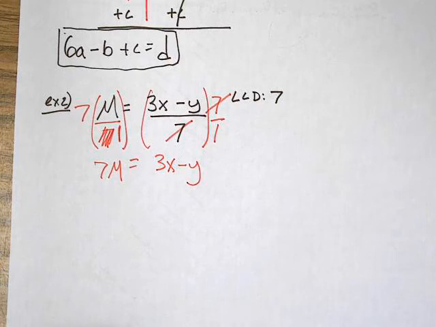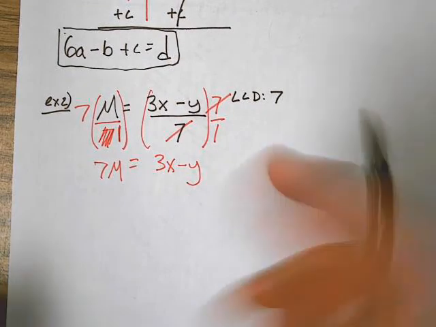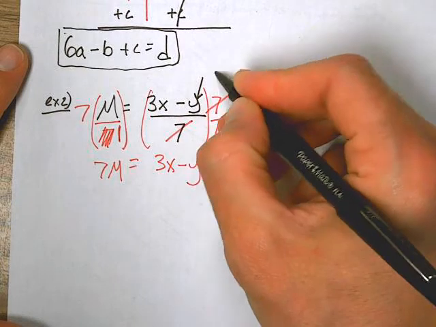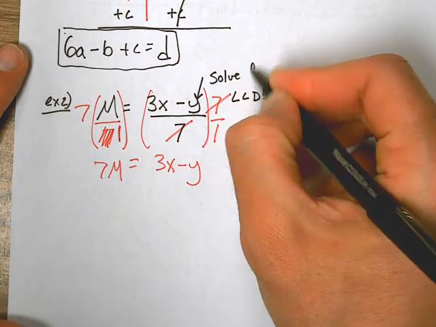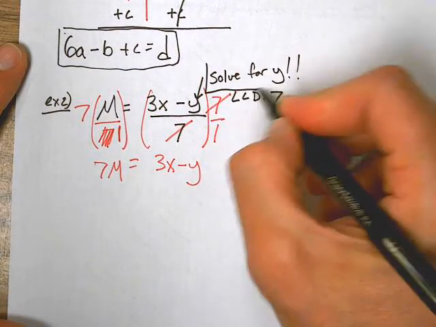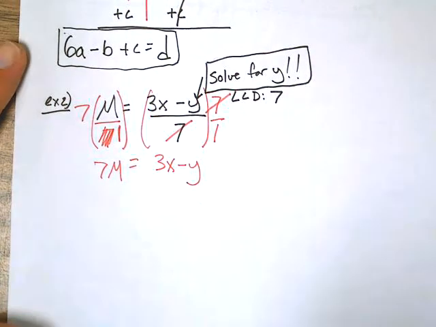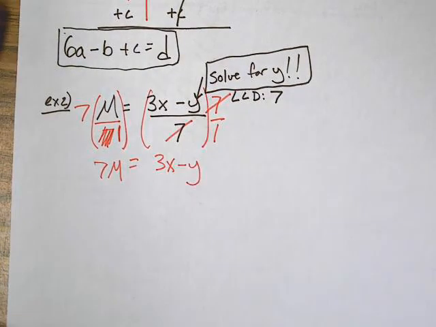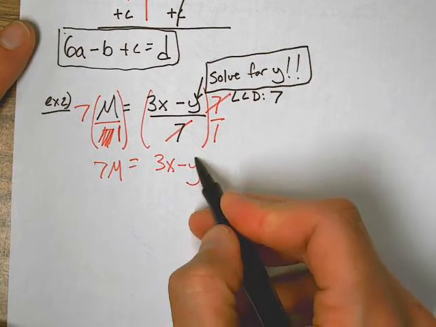And I'm sorry if I didn't say this: let's solve for y. It's important to know what you're trying to do for the problem. So I should have started by saying let's solve for y. Either way, if we were solving for x or y, we would still want to multiply by 7 to get rid of the fraction. So now I'm trying to get y by itself.